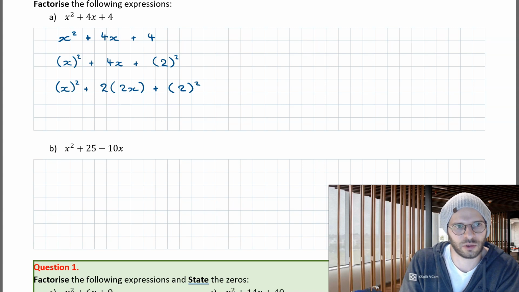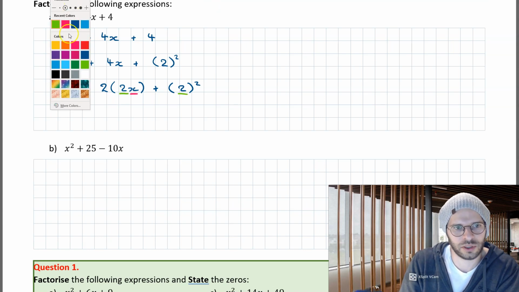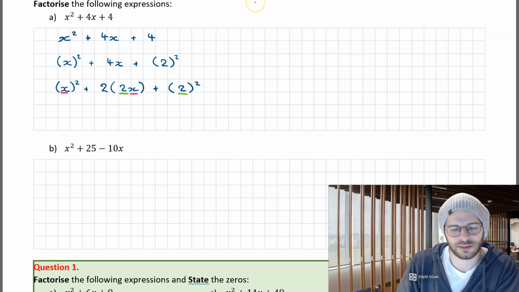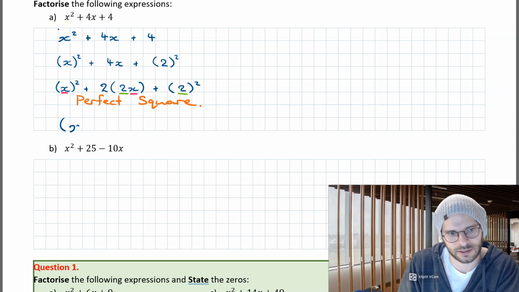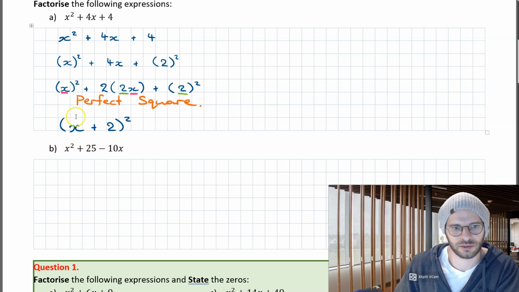So instantly what you can see here is that we've got the x and the 2 and the 2. And because we're able to bring it down into this form over here, we have the perfect square situation. And because of that, we can simply go x plus 2 squared. So a and b, and this is our factorized form here.